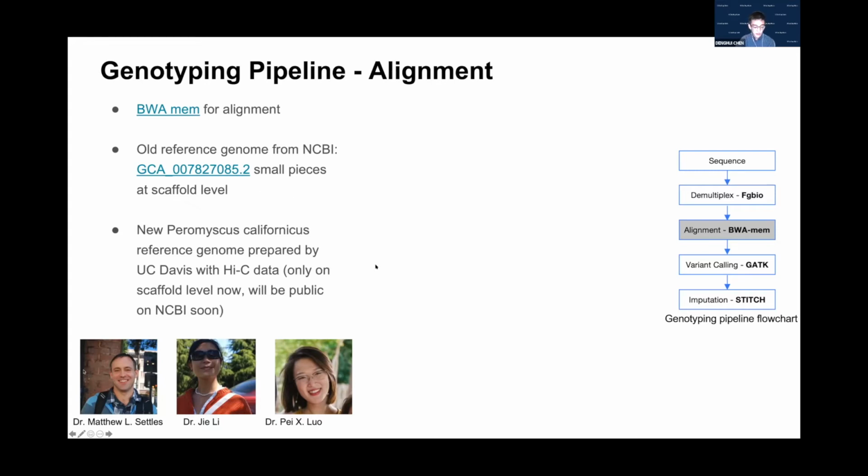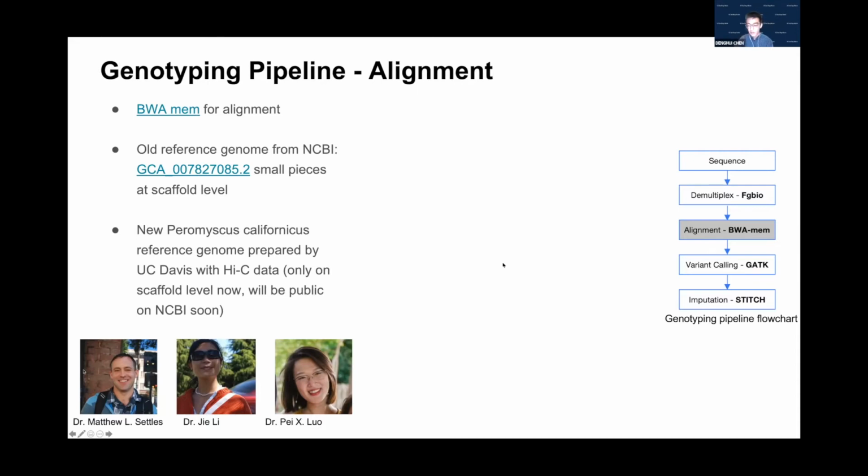Huge thanks to the people from UC Davis who helped us prepare a new reference genome for Peromyscus californicus. Although the new reference genome is still at the scaffold level, they're still working on stitching it to the chromosome level, and it will be published to NCBI very soon.